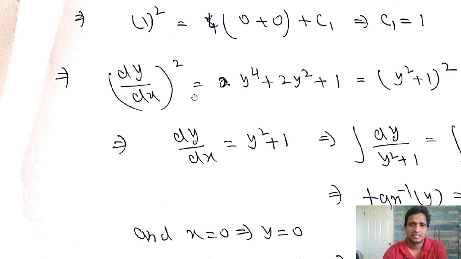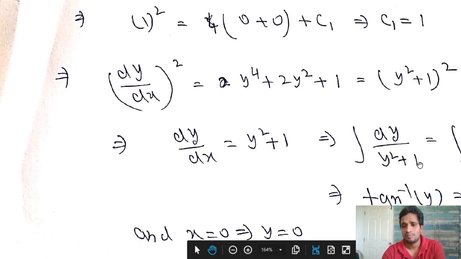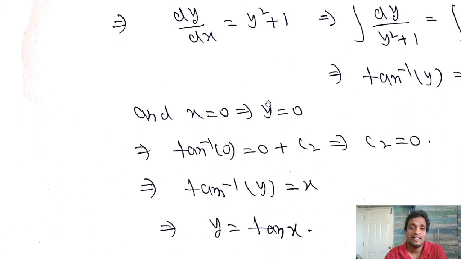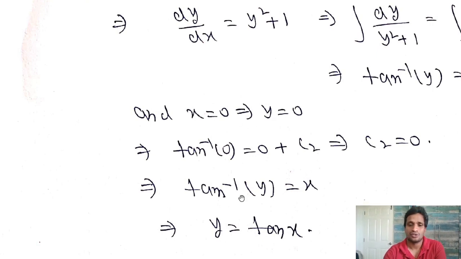So dy by dx is equal to y square plus 1. So integration on both sides gives, here dy by y square plus 1 gives tan inverse y is equal to x plus c2. Again, we have to find the c2 value by applying x equal to 0, y equal to 0. We'll get c2 equal to 0. So tan inverse y equal to x.